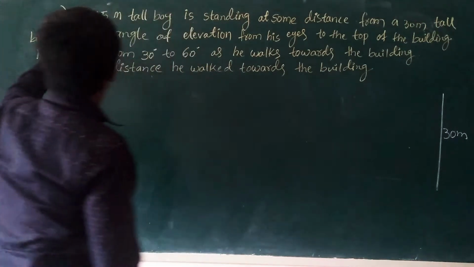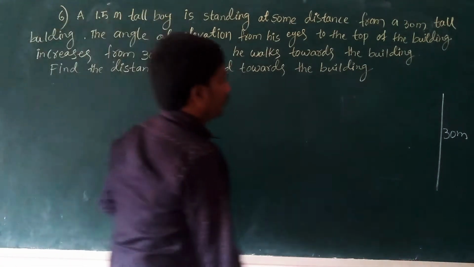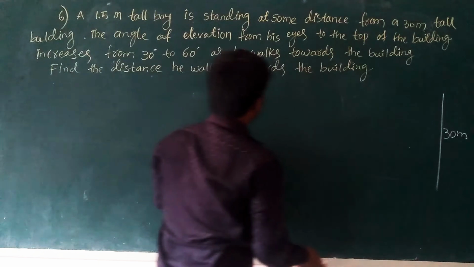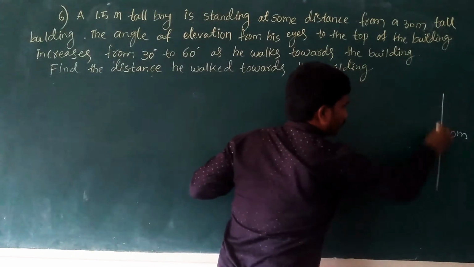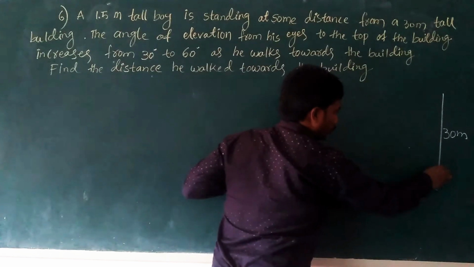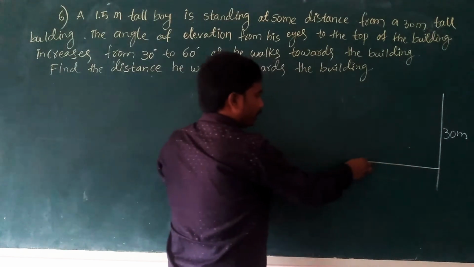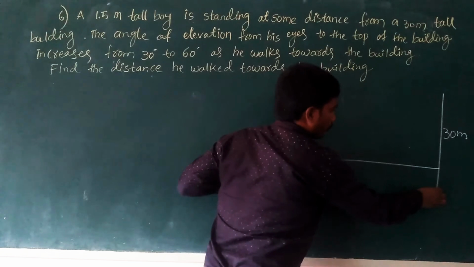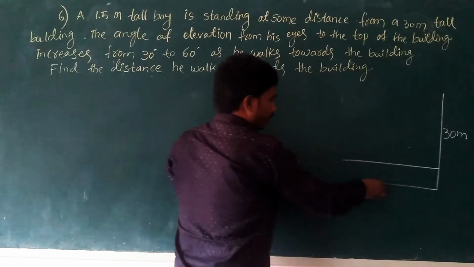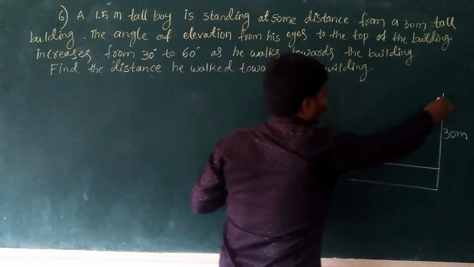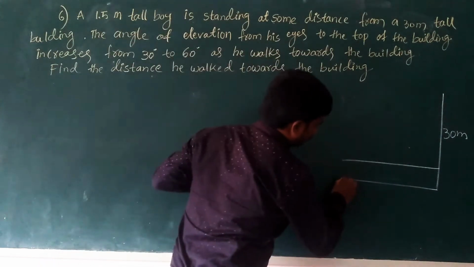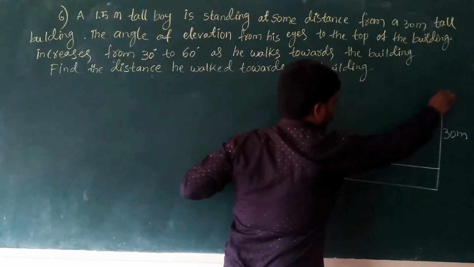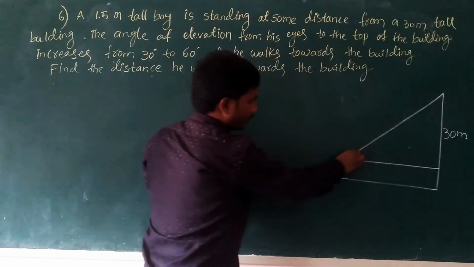Next, what is the height of the boy? 1.5 meters. He is observing the top of the building from some distance. What is the distance? We don't know that.